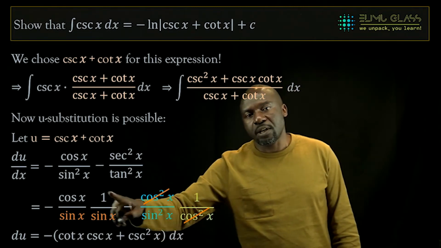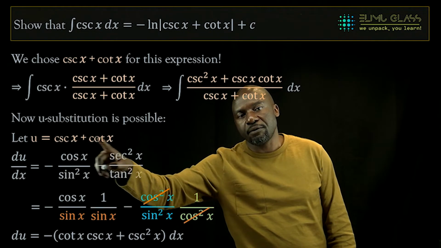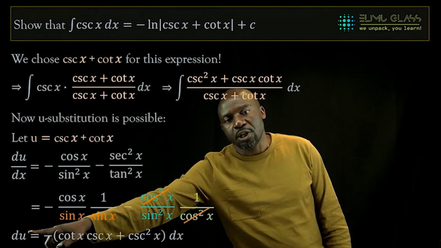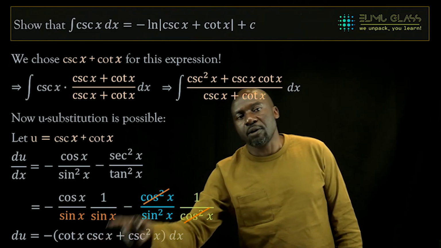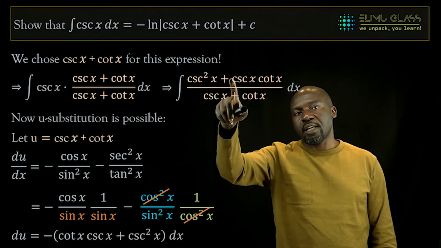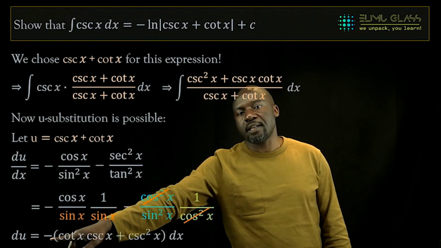Therefore, we've found that du by dx is this expression here, which turns out to be what we have in the numerator, except the minus sign is missing.